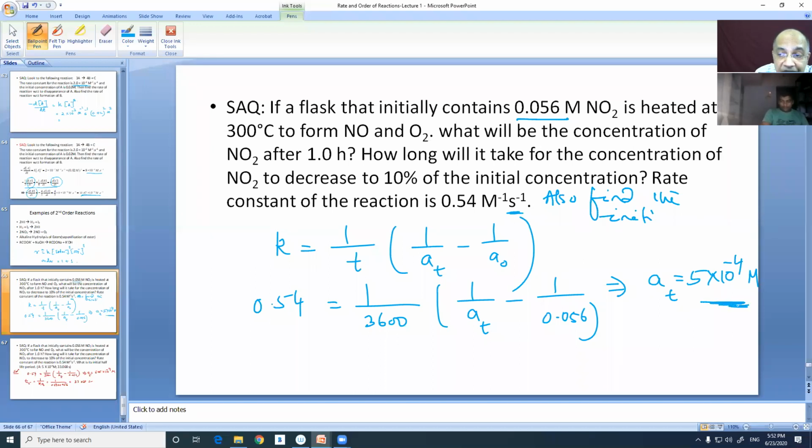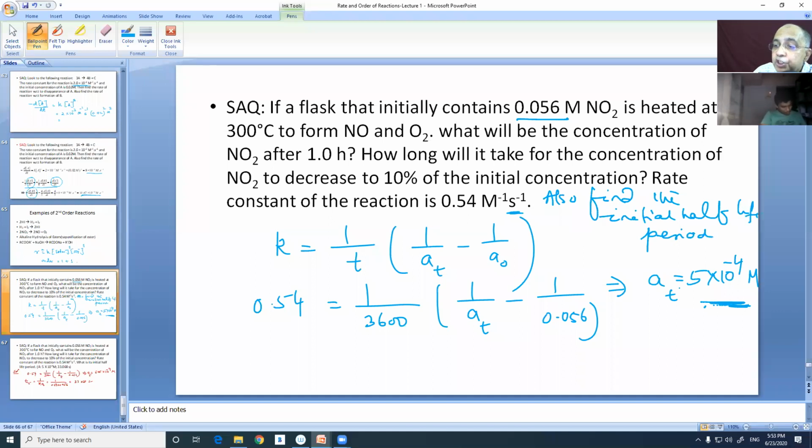This is the concentration at time t, and if somebody asks you what is the half-life period for this concentration, that will be something different, a huge value. But also find the initial half-life period. Whenever you are asked half-life period, it means initial half-life period.